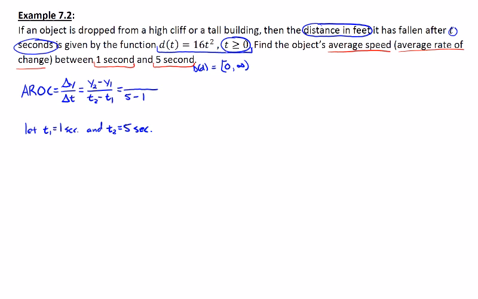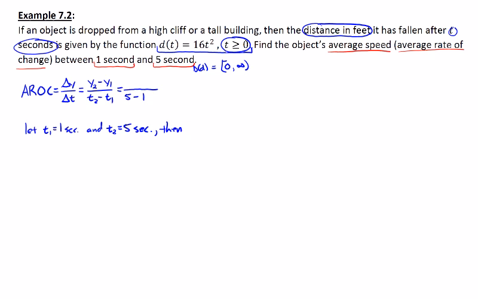But I still need the corresponding y2 and y1 that go with t1 and t2. Fortunately, we have an equation for that. So once I establish my t1 and t2, let's go ahead and calculate y1 and y2.